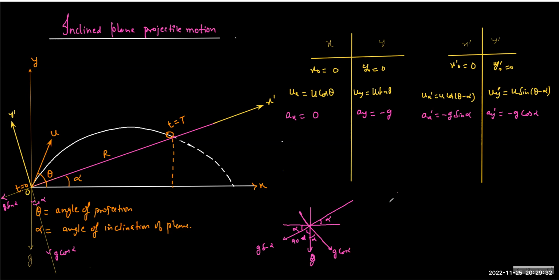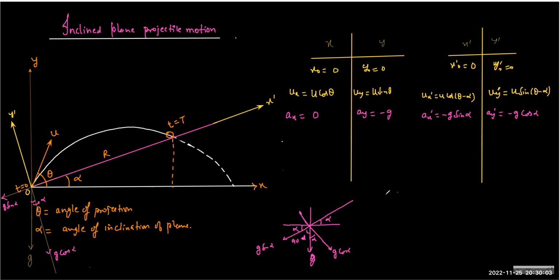So how to get the time of flight? What is known to you? Do you know the final y component? Yes or no? No, sir. But do you know the final y dash component? Yes. What is that? 0. Very good. So now you know which direction is going to give you the answer.